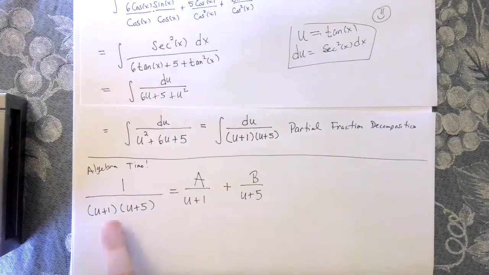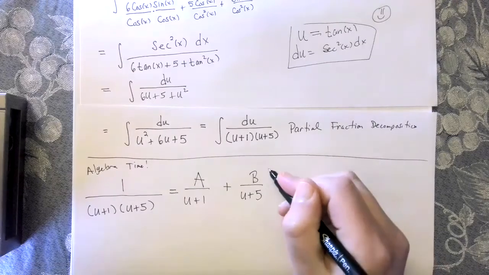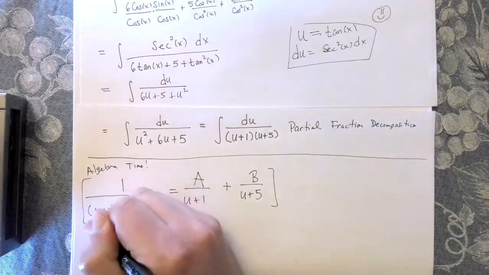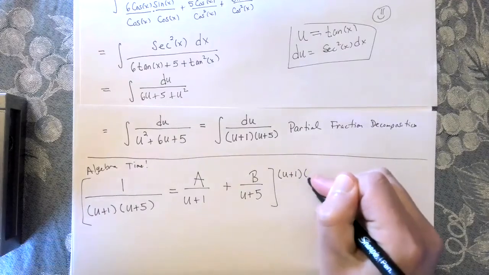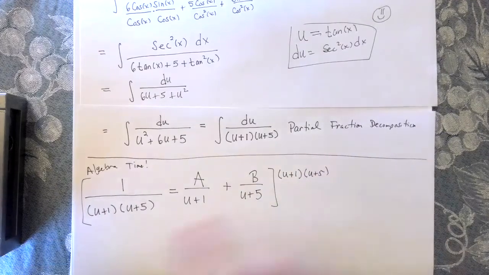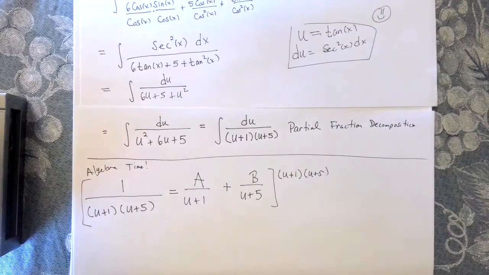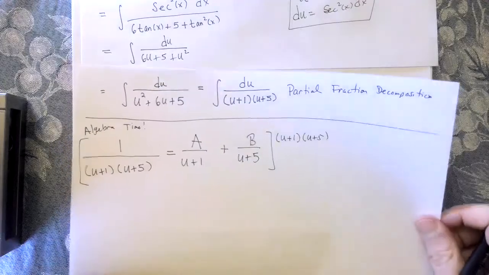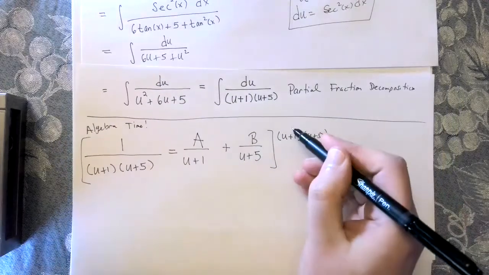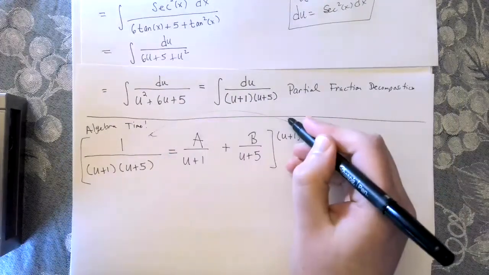So the first thing we want to do is get rid of the fractions here. So let's multiply everything by u plus 1 times u plus 5. It's going to kill the fraction, make it a little bit easier to find A and B. Okay, so imagine distributing and canceling where appropriate.